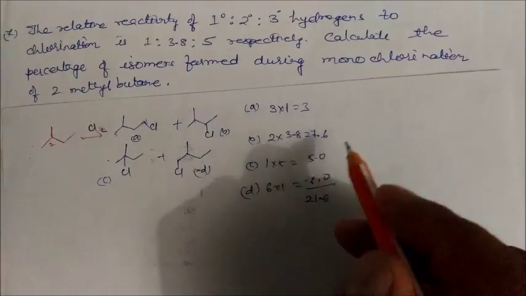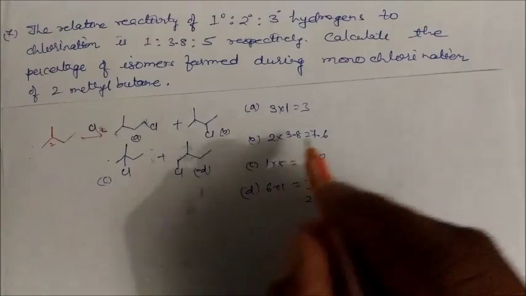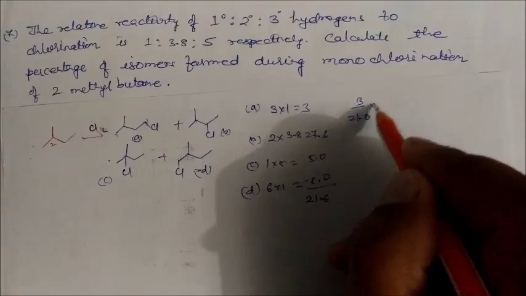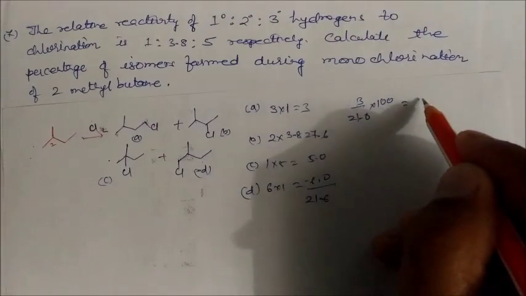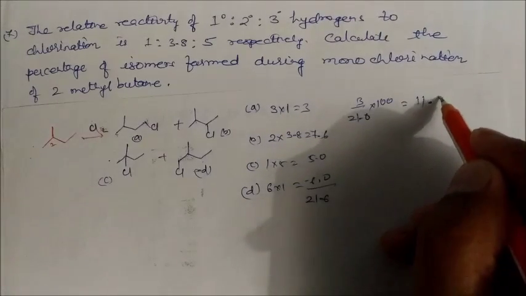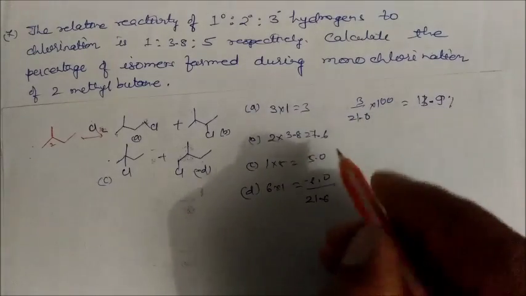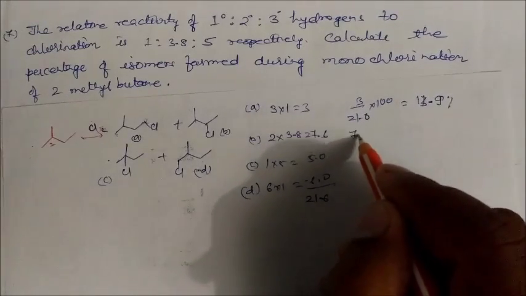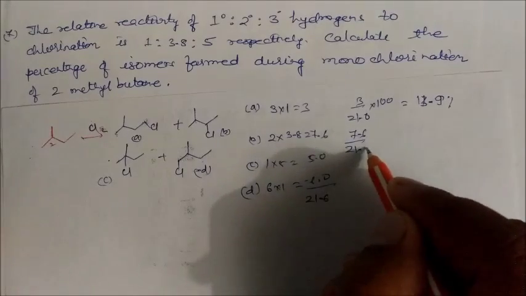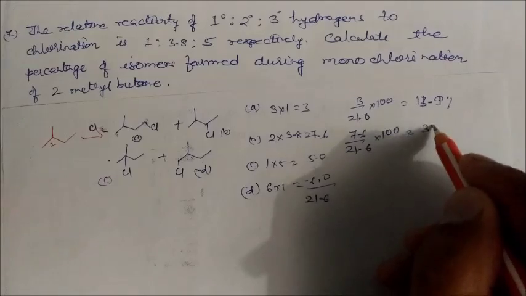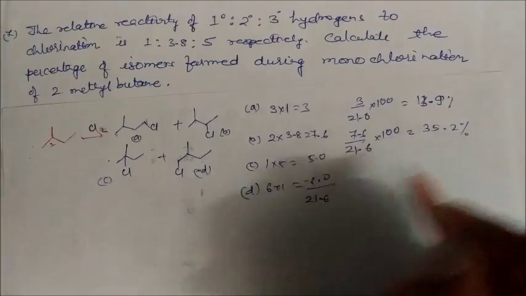So we'll find the percentage of each one by reactivity. This will be 3 upon 21.6 multiplied by 100, so you will get 13.9%. In this case, it will be 7.6 divided by 21.6 multiplied by 100, so you will get 35.2%.